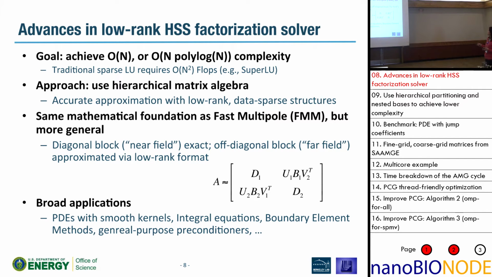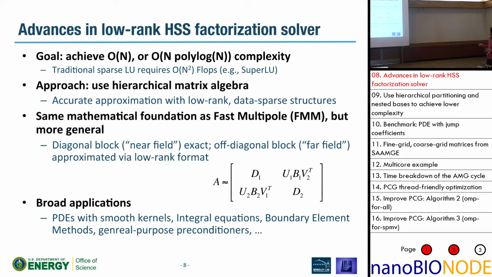The approach is hierarchical matrix algebra, like H matrix, H-squared matrix, etc. The mathematical foundation is very much the same as the fast multipole method. In fast multipole, you have the concept of far field and near field. In the matrix context, far field is just the off-diagonal block and near field is the diagonal block.